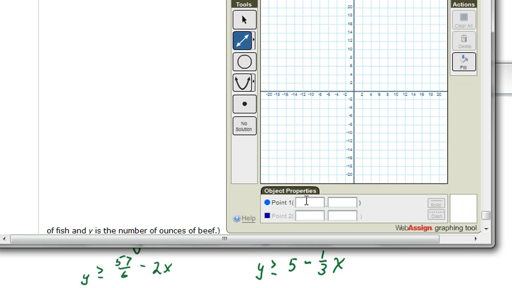We start with the fact that if X is 0, Y is 57/6.